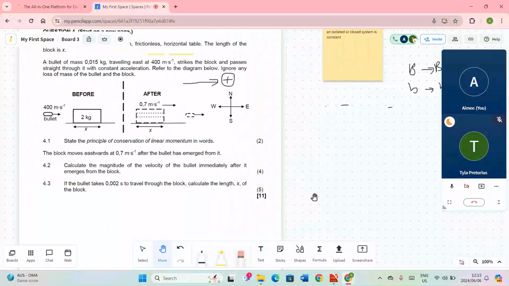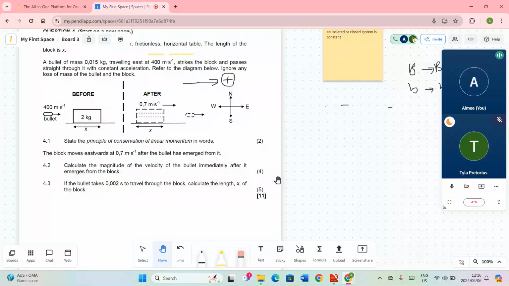But the first thing that comes to mind is this length x. It immediately makes me think of the equations of motion. Let's have a look.